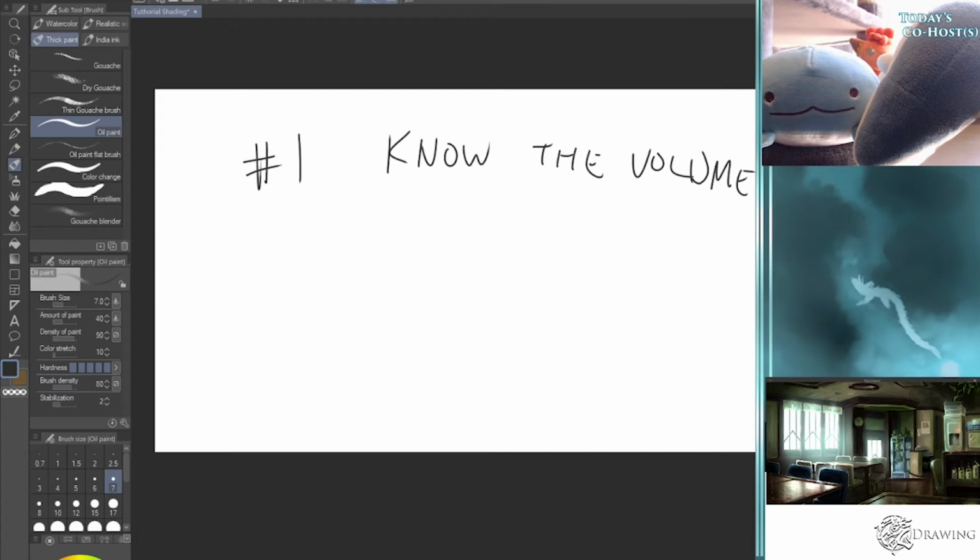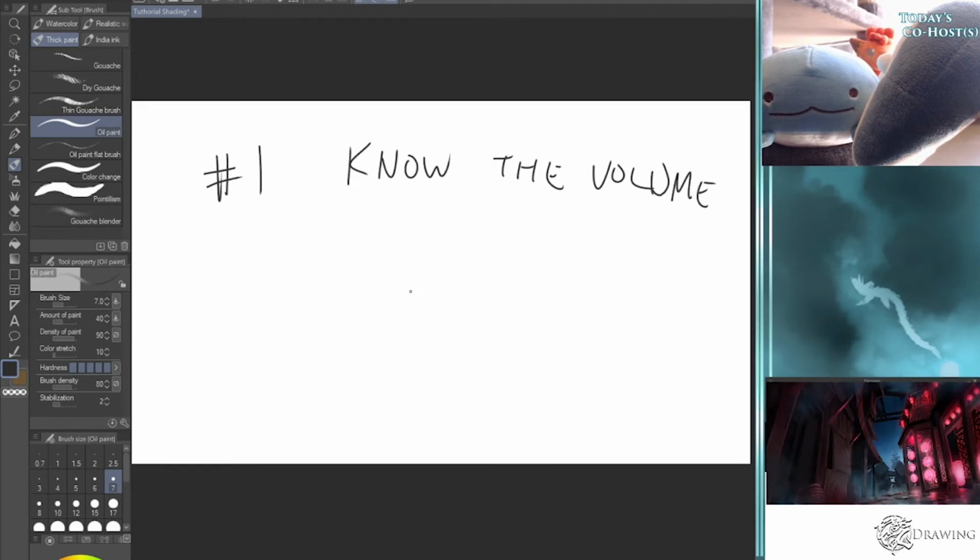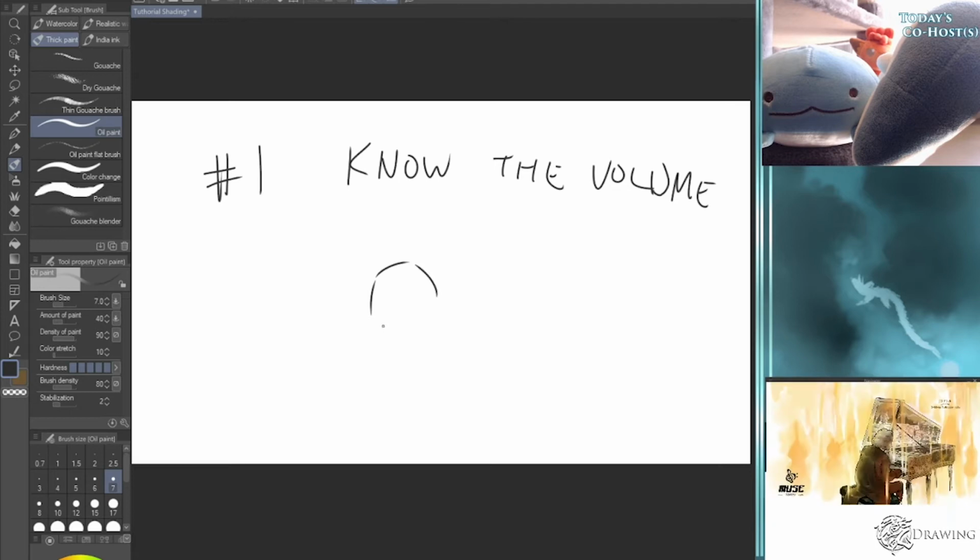If the volume is unclear, then you have to interpolate. You can't just see an object that you don't quite understand and try to shade it. For example, I'm looking at my cat now, right? He's literally right next to me.